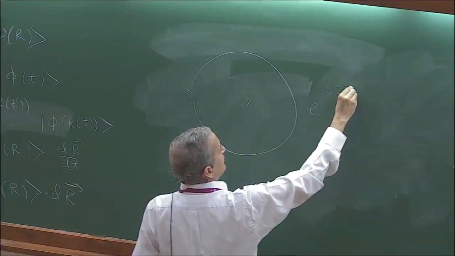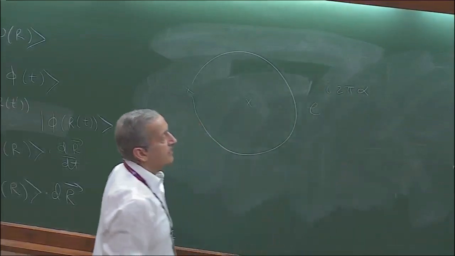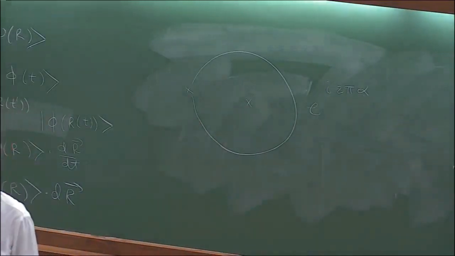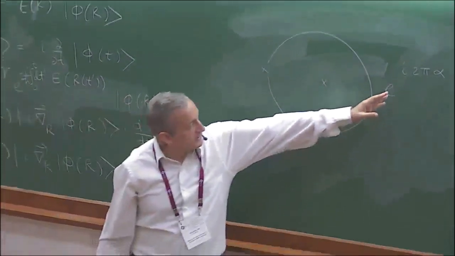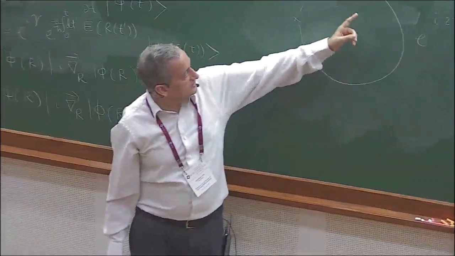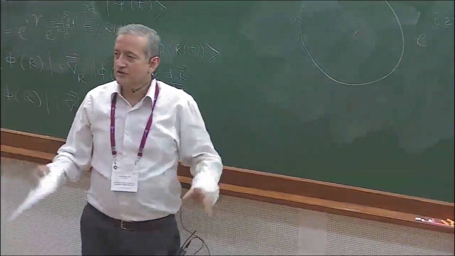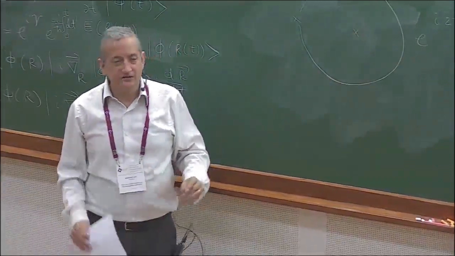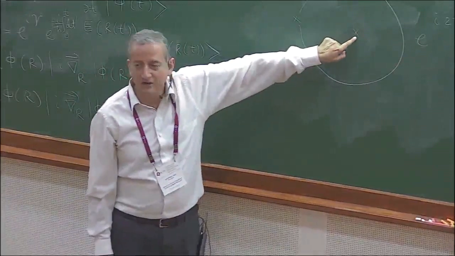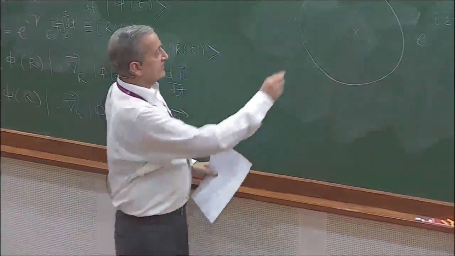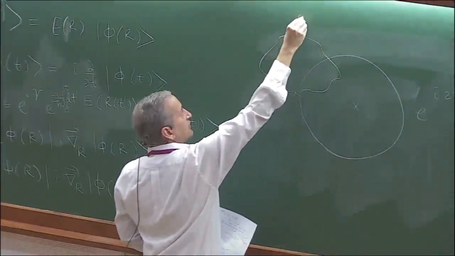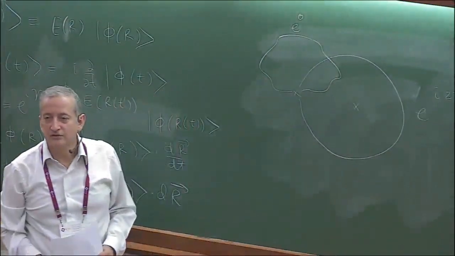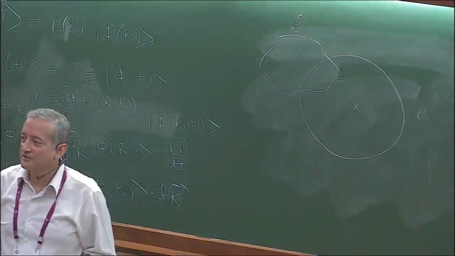And the crucial thing is that this phase should not depend on the shape or the size of the loop. It only cares about whether you have gone around this particle or not. On the other hand, if you take some other loop, you get e to the 0. You get no phase. So if we had some particles of this type, they are said to be anyons. They are said to obey fractional statistics.